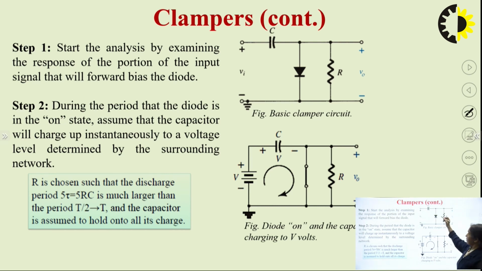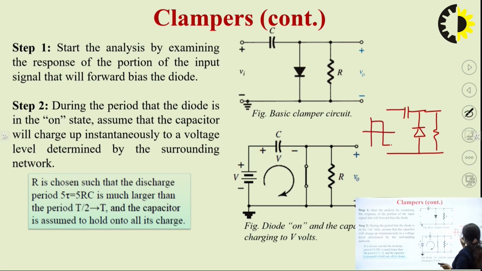If your diode is reverse bias in the first half cycle, then in that case your capacitor, suppose my circuit is something like this, and if I apply a signal, this is the signal. For the first positive half cycle, I can see that my diode will be in reverse bias condition.